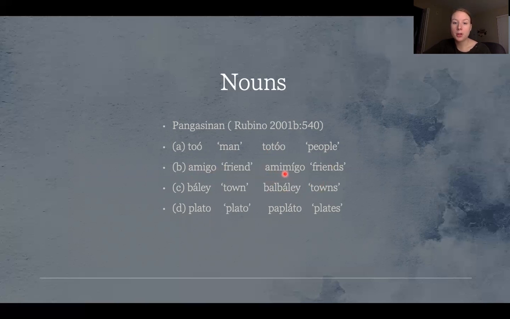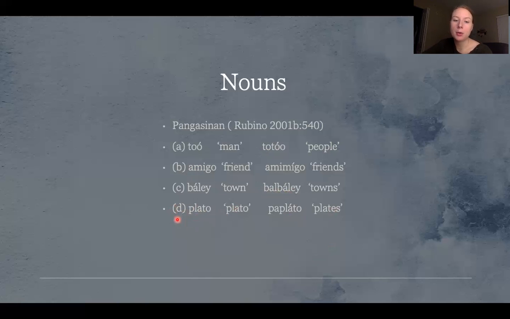So you can see partial reduplication, and you can see that the position is word medially. Moving on to C, we have bali, which is town, and then again, same as A and D, that word initial and partial reduplication. And same thing here, plateau and palato.